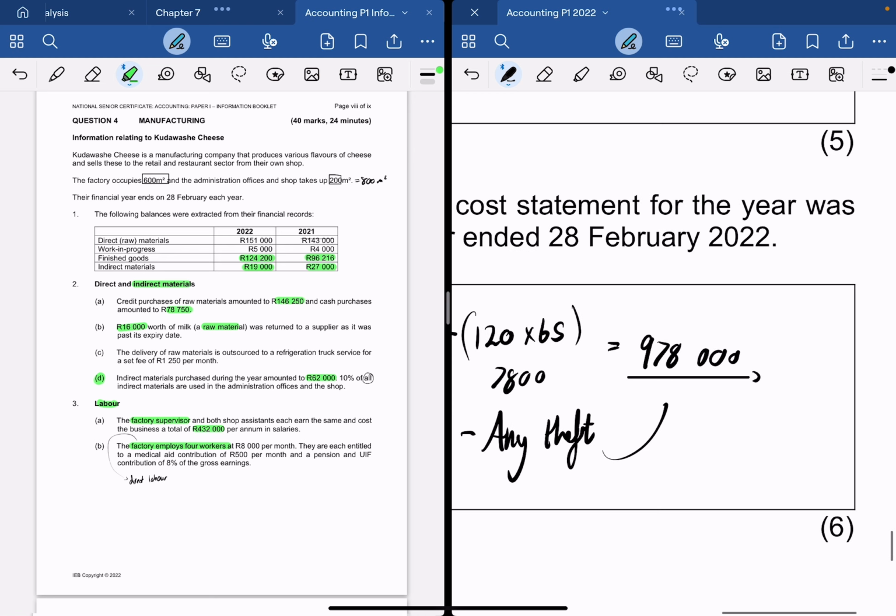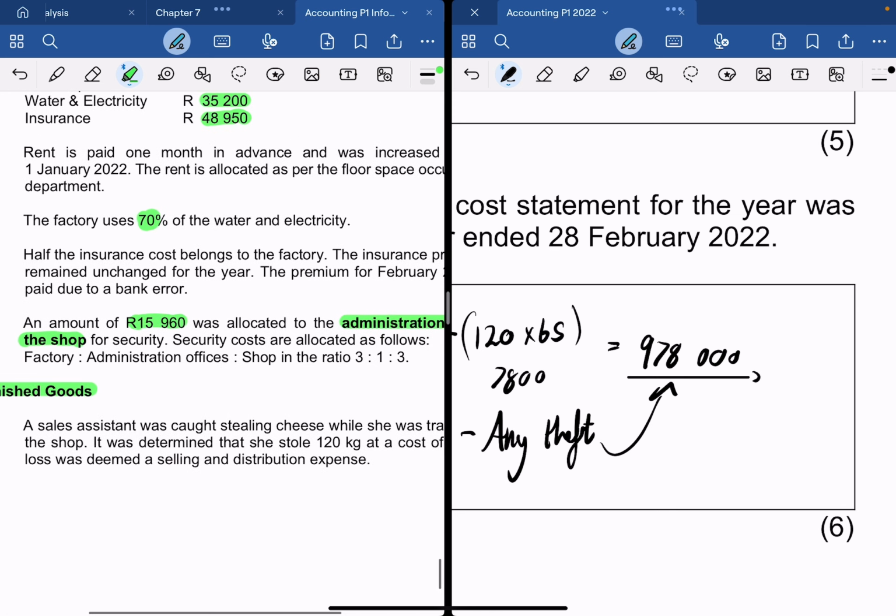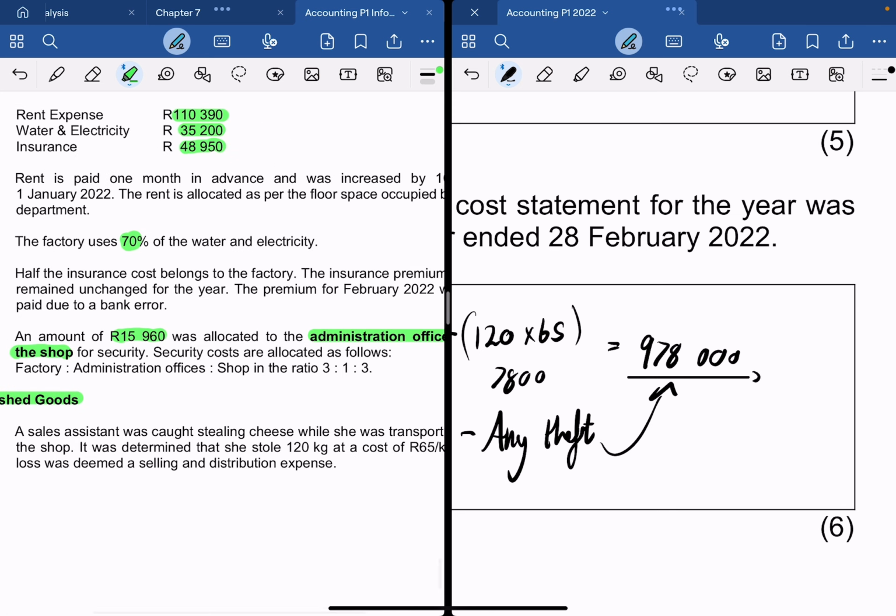equals that. Because this is basically how much of the finished goods we actually sold, right? Because your finished goods are the things you sell. So if you've got finished goods on hand at the end of the year, that's how much you sold. And then obviously theft is not a cost of sale. It says here it was deemed as a selling and distribution expense, so therefore it can't be included in cost of sales.